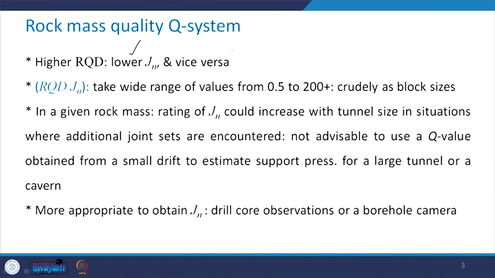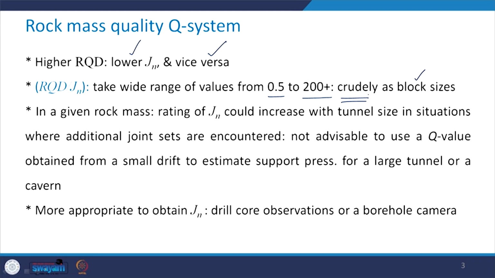Higher RQD, lower Jn, and of course vice versa. So RQD upon Jn takes a wide range of values from 0.5 to as high as 200 plus. It gives us an idea about the block sizes in a crude manner.